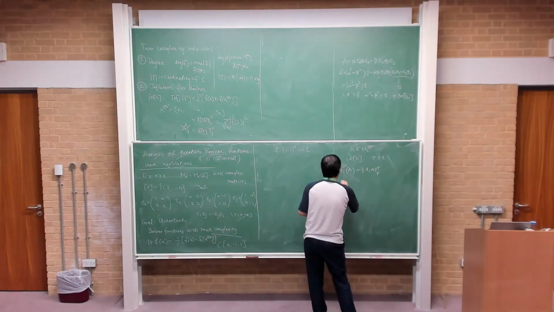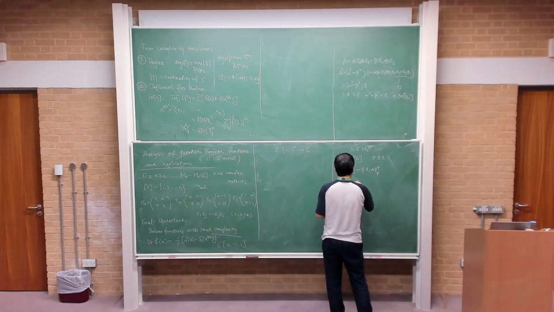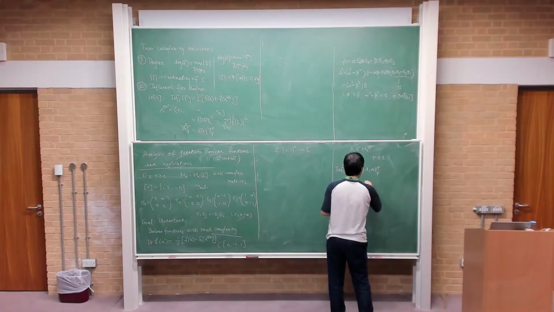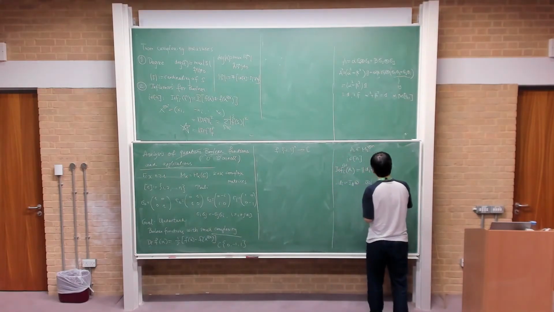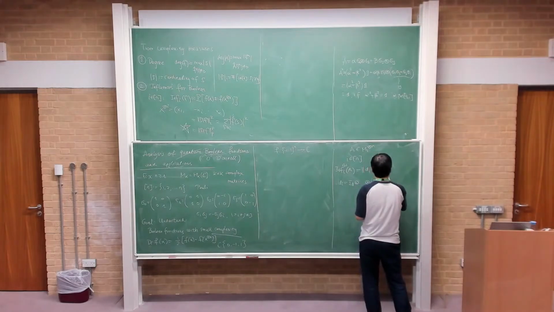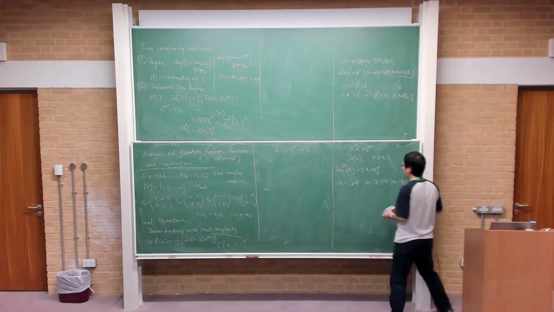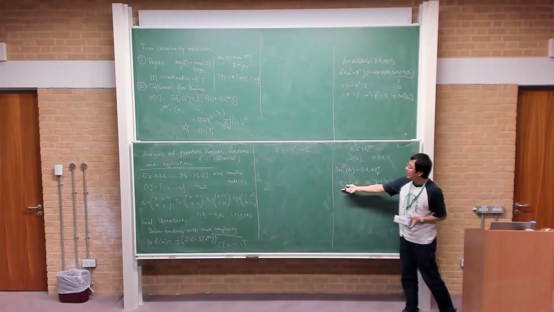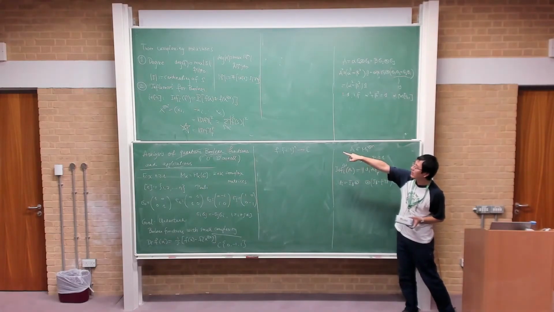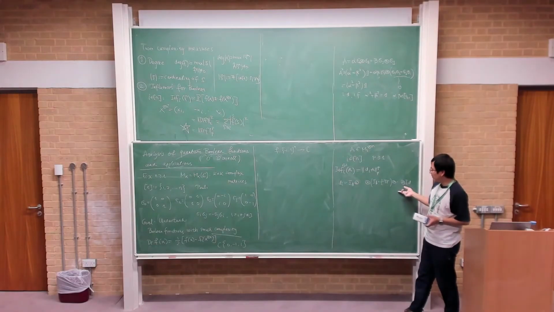What is this di? This little di here kind of mimics the capital Di in the classical setting, some kind of discrete partial derivatives.